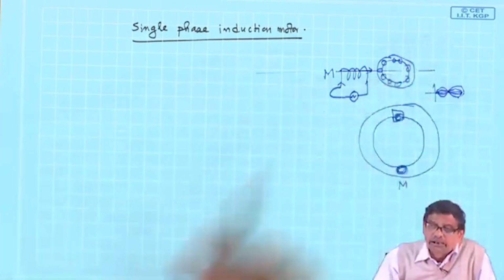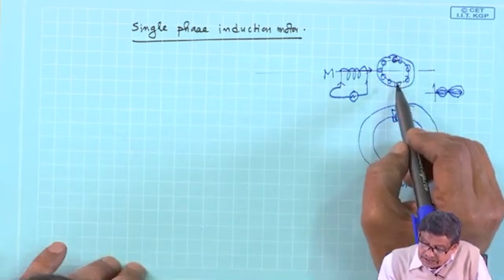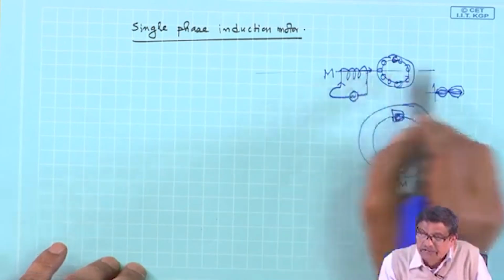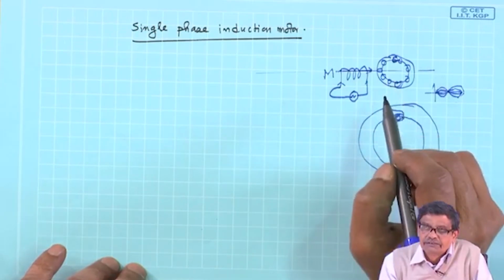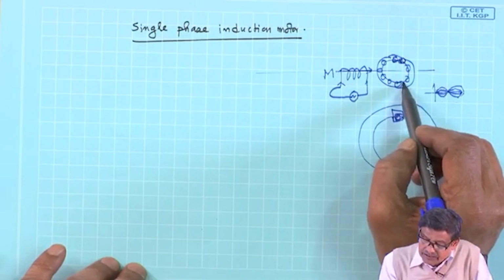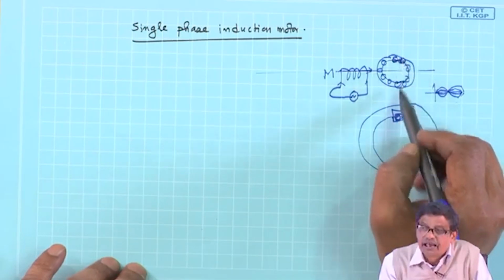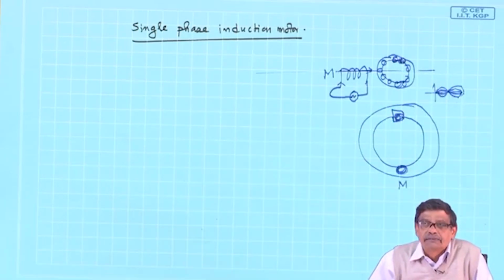Will there be rotor current? Yes, because if you consider this turn through which there is a time varying flux, there will be induced voltage. Similarly, this coil conductor can be thought of as another coil, all of them will carry current. It will just behave like a transformer whose secondary is short circuited.